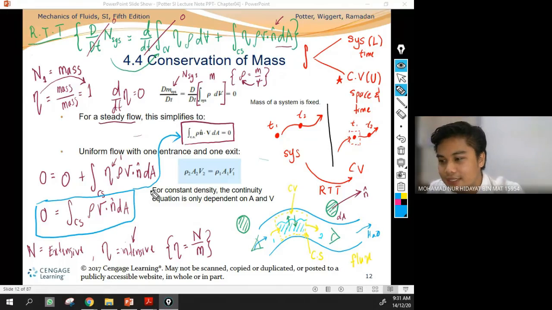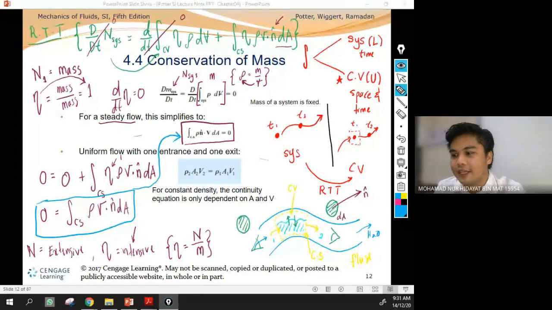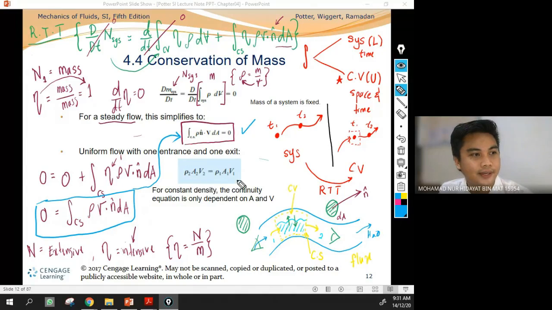All right, Fikri, thank you. So now you understand, yeah, how we apply the RTT to the conservation of mass. All right. So this step you understand basically. Now we go further to this step. All right.